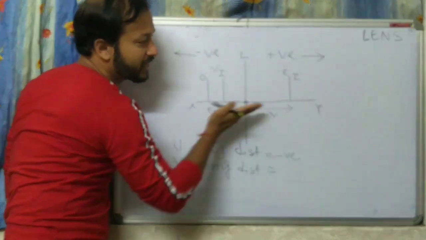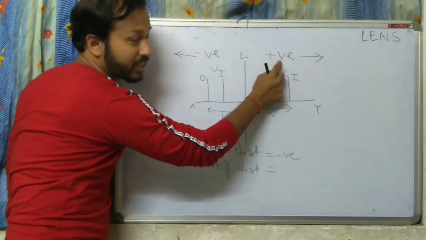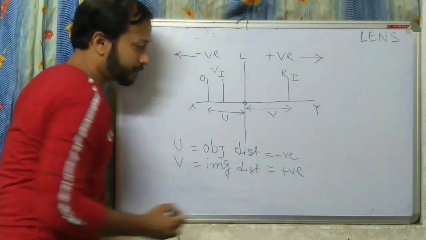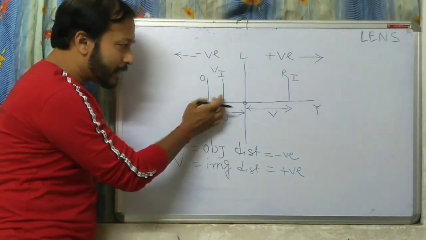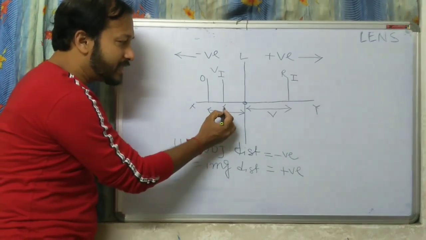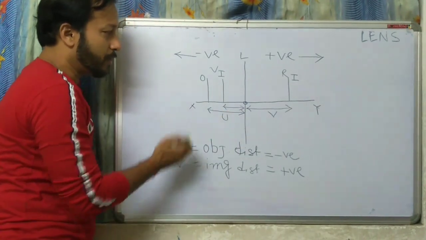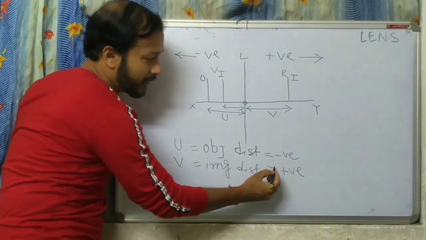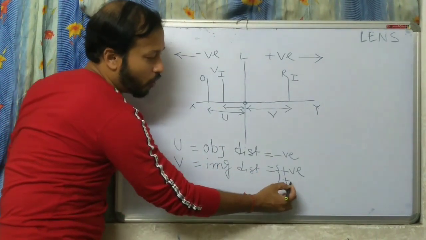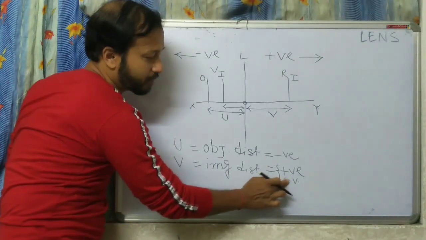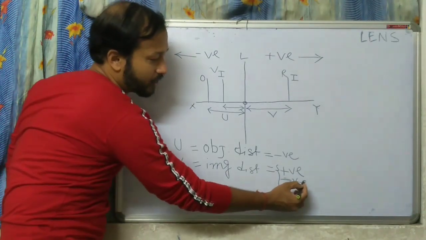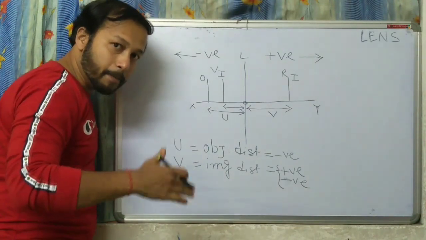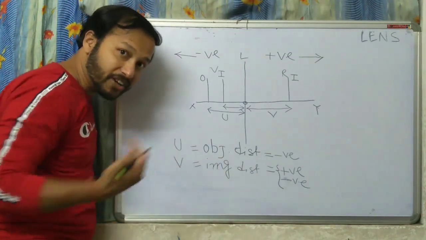So image distance is positive. Even if you get the image this side, that means this is V now, but this is negative side. So the value of image distance may be positive as well as negative.